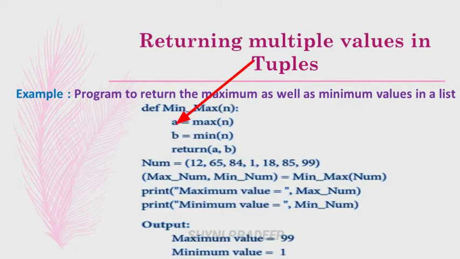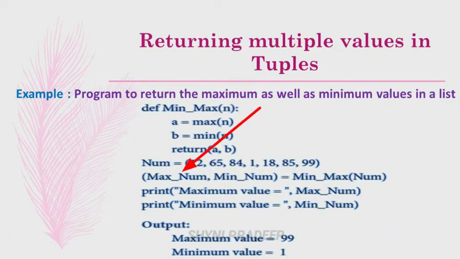Here the maximum value will be stored in the variable a and the minimum value will be stored in the variable b. Here num is the actual parameter. The list of tuple elements will be stored in the num variable. So num is the actual parameter and this n is the formal parameter.